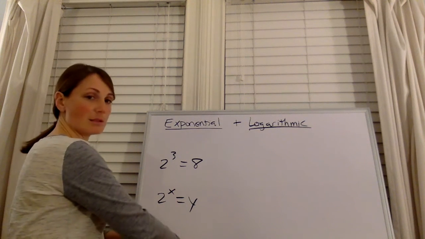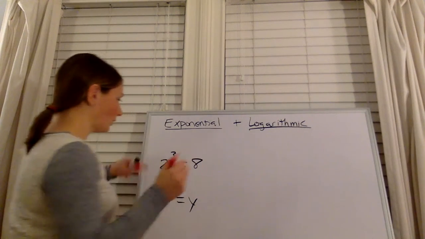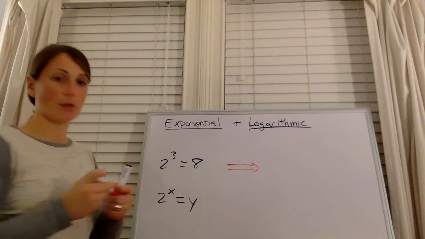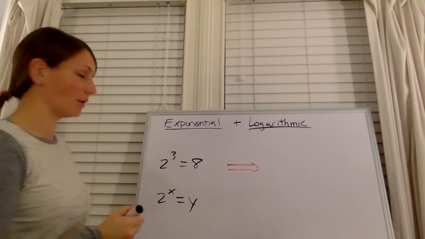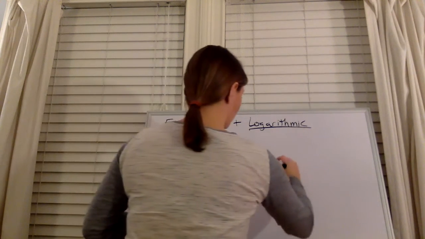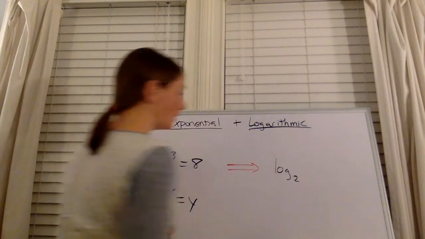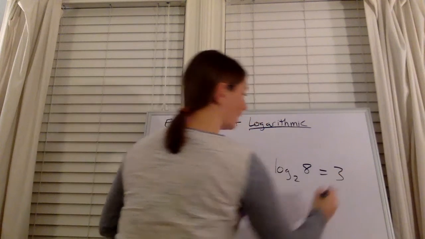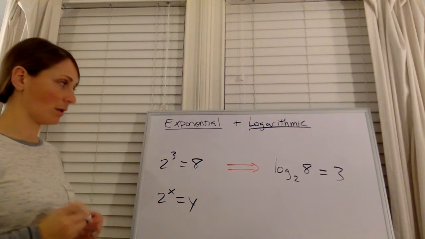And this is it. Okay, 2 cubed equals 8 has a logarithmic equivalent that says this. Log base 2 of 8 is 3. Okay?